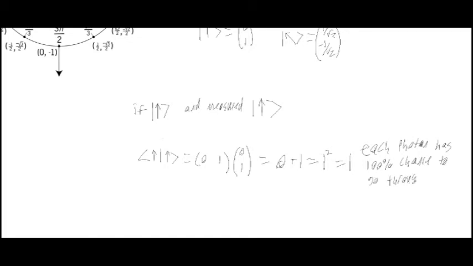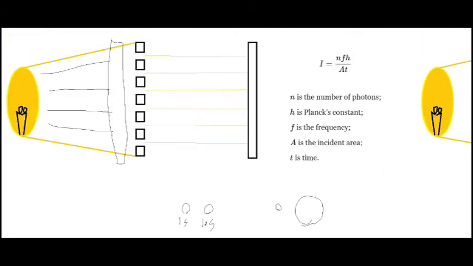And so we know that if we go back to our intensity equation over here, if this n doesn't change, so if this stays the same, we know that everything else is staying the same, then the intensity is going to be the same. And so we have the exact same intensity.